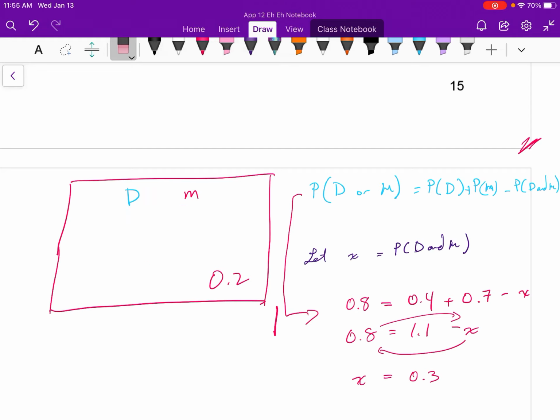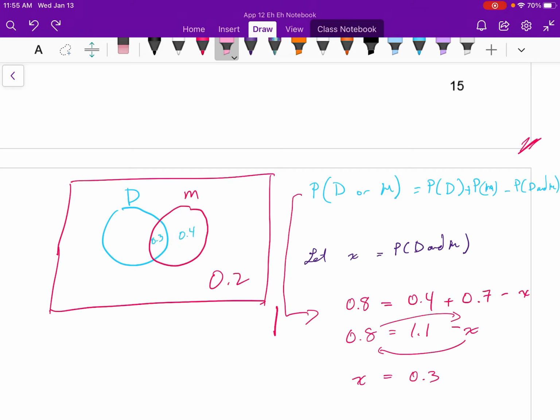So what do we have here? I'm going to clean this up a bit. I figured out the probability of a dinner and a movie is 0.3. The probability of going to a movie was 0.7, but only a movie is going to be 0.4, right?